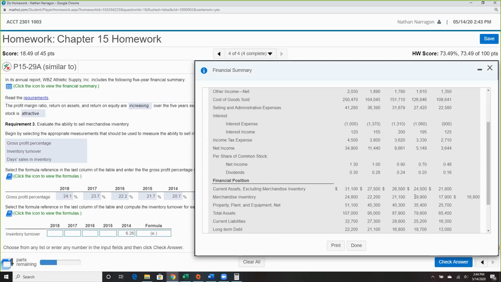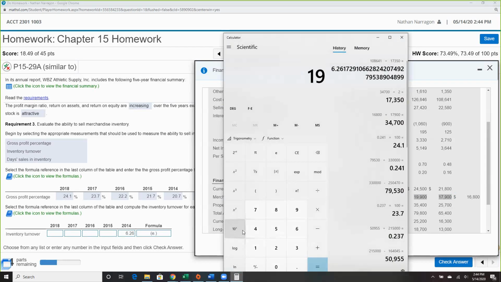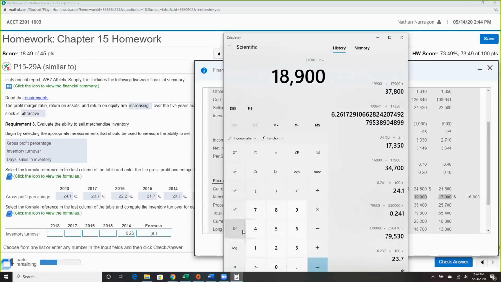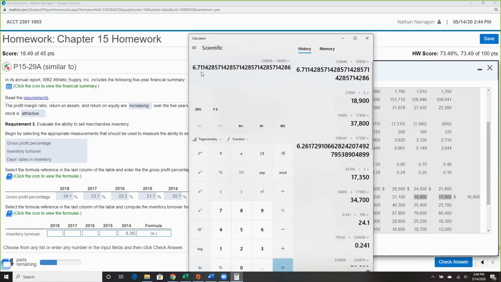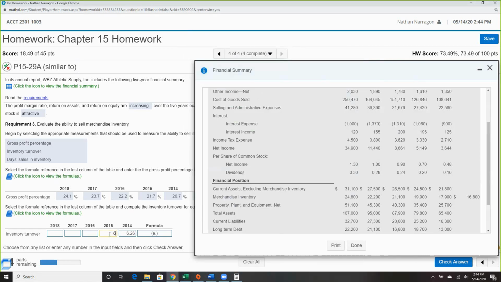Basically, we're doing the average: the current year plus the prior year, divide by 2. Okay, so there's our average. We look at our cost of goods sold, which is 126,846, divided by our average, which is 18,900. We're looking at 6.71. So it did increase.